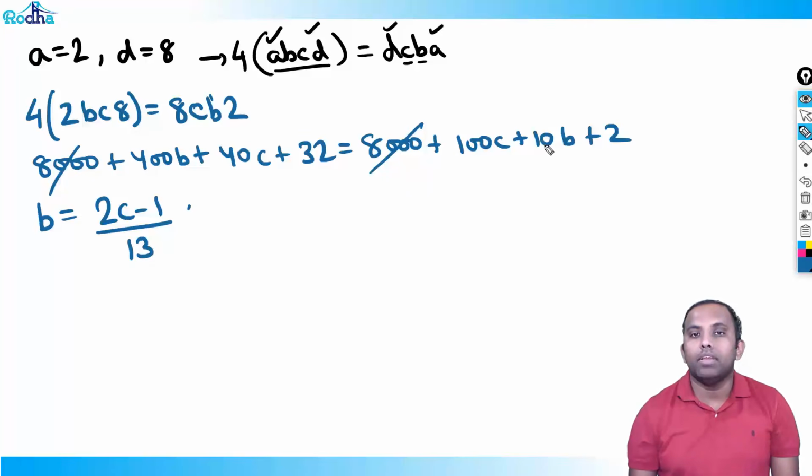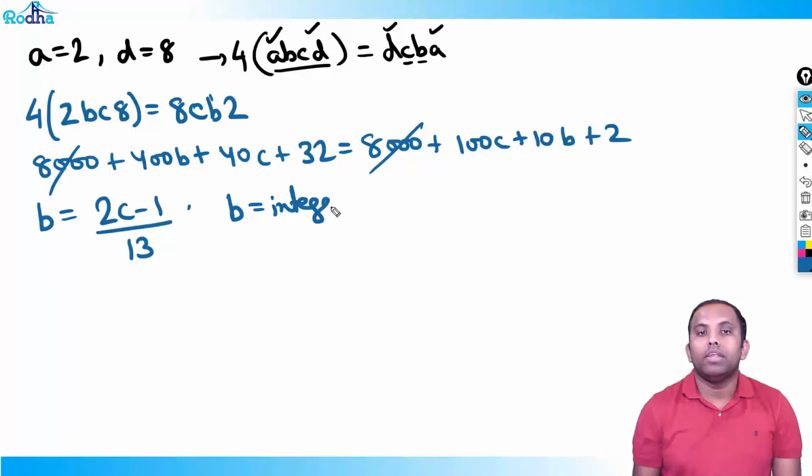This 390B is equal to 60C minus 30. So divide by 30 both sides. B equal to (2C minus 1) by 13. Now since A, B, C, D are digits, B has to be an integer. For B to be an integer, this numerator has to be of the form 13k.